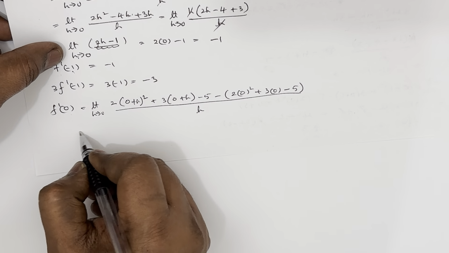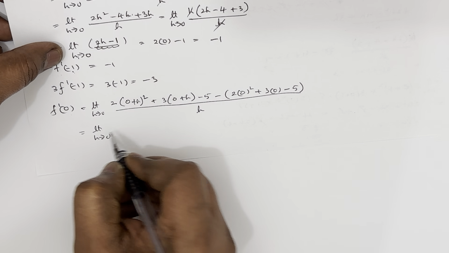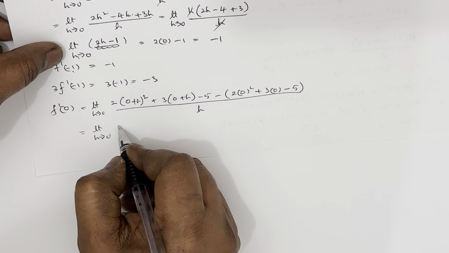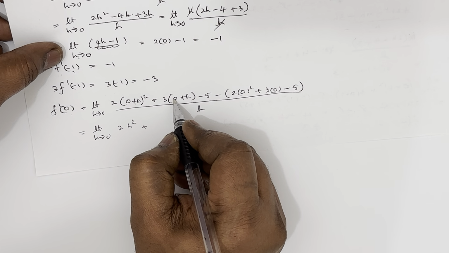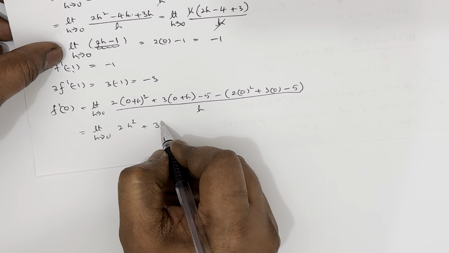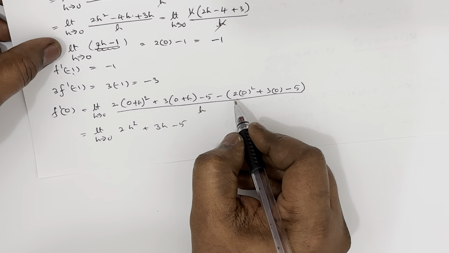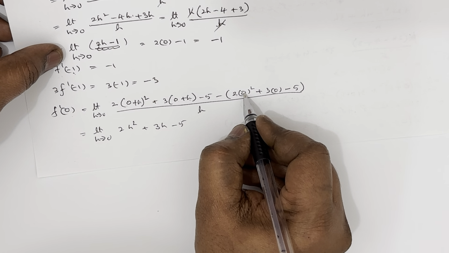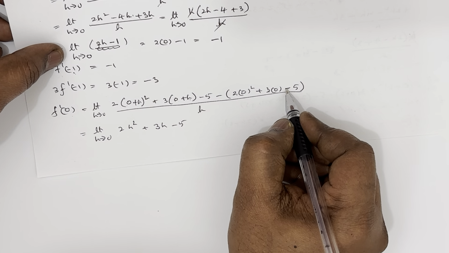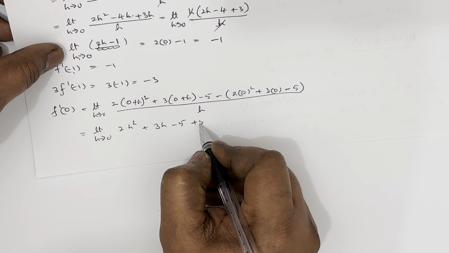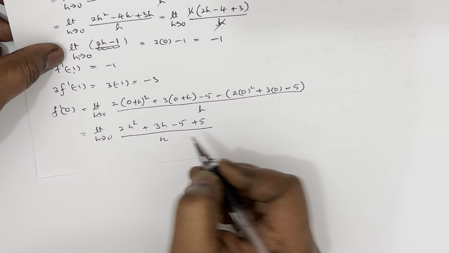Okay, so this will be limit h tends to 0 of 2 times 0 plus h is h square plus 0 plus h is h, so it will become 3h minus 5, 2 times 0 square is 0, this also becomes 0, so you have minus 5, minus and minus will become plus 5, okay, upon h.